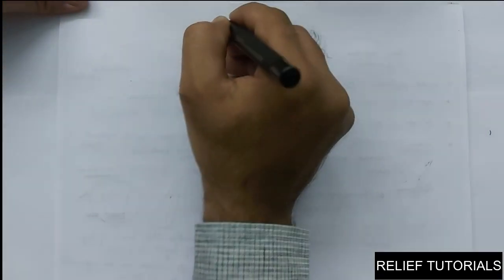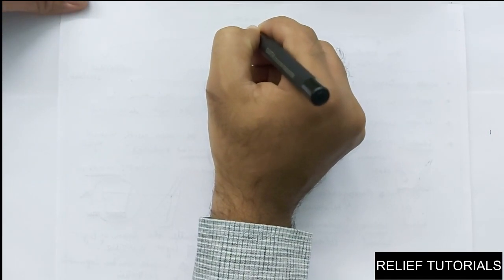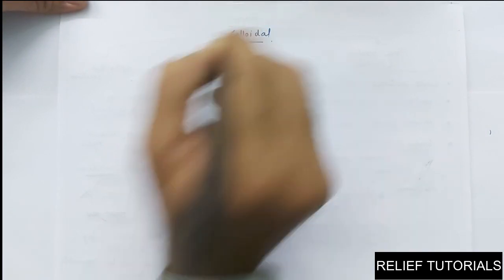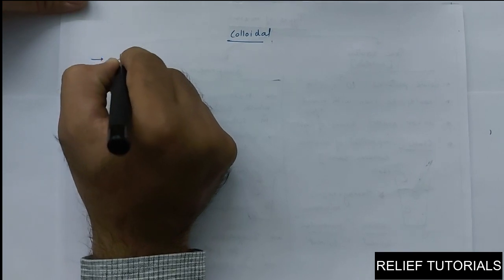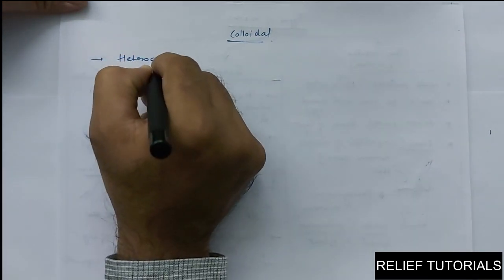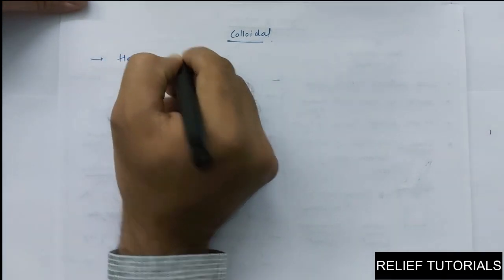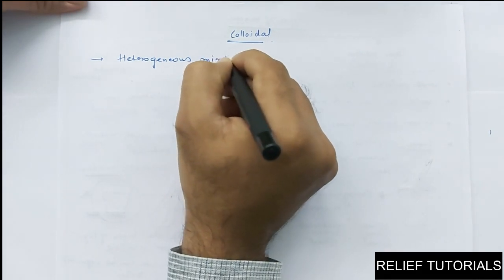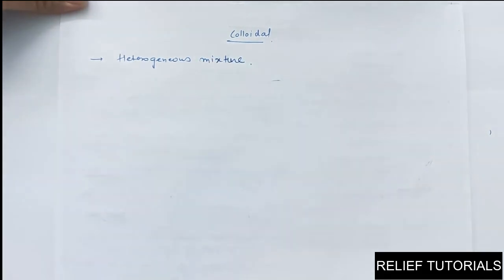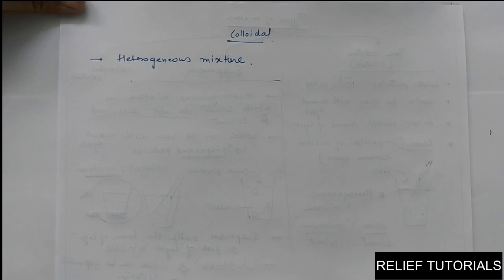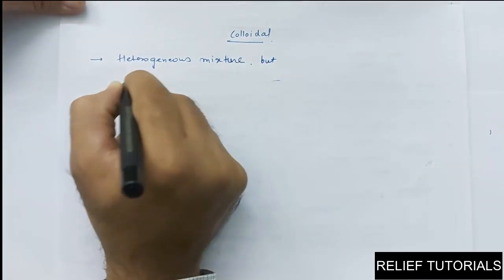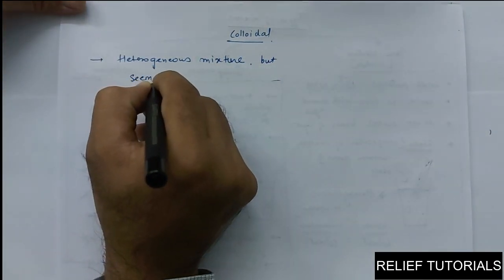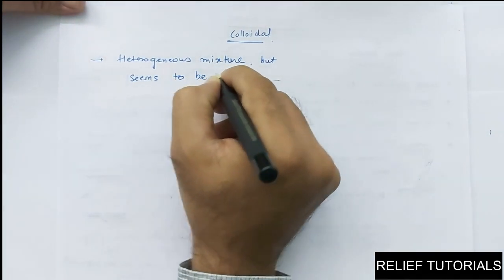Okay, what is colloidal? Colloidal solution, first of all, is a heterogeneous mixture, but seems to be homogeneous.